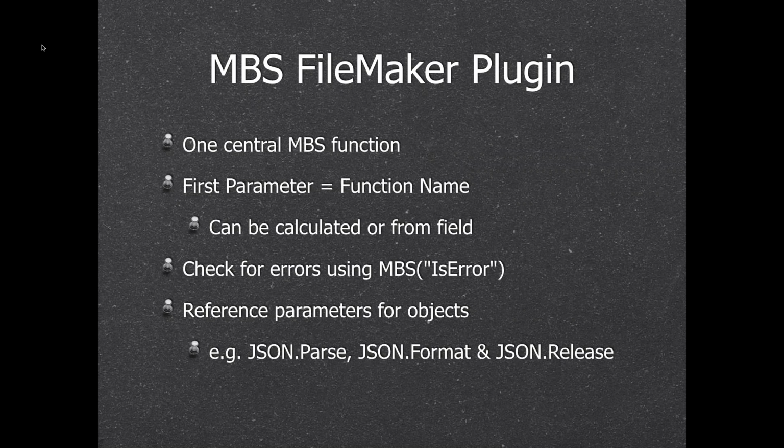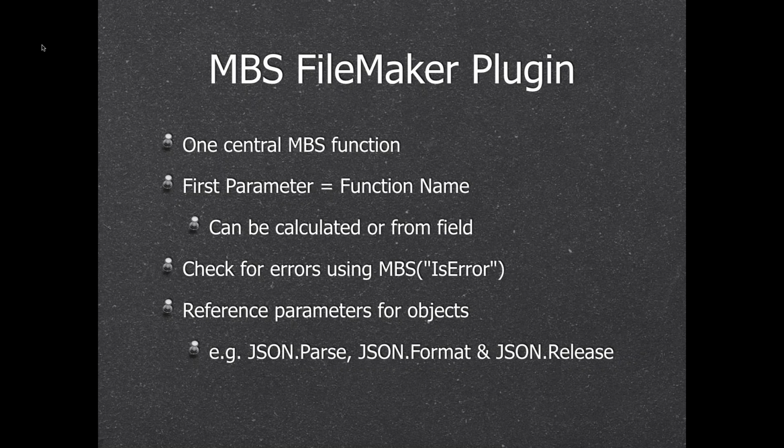We have one central MBS function because it's not practical to have 5,000 function names registered. So the first parameter is the actual function name, and that can be from a calculation or from a field. Like you can have a pop-up menu choosing an image effect and then pass it as a function name.